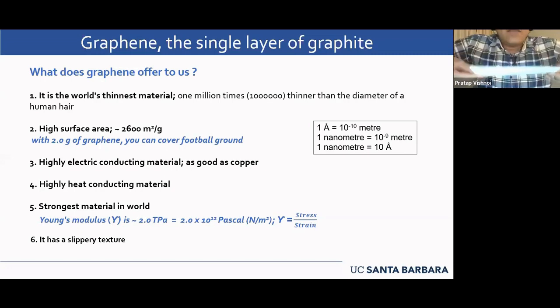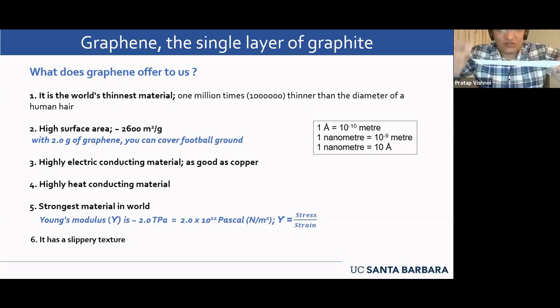Stretch it a bit. So I'm stretching like this, and assume that this is 1 centimeter and I made it 2 centimeters. So the change in length is 1 centimeter. The change divided by the original length is 1 by 1, so your strain is 1.